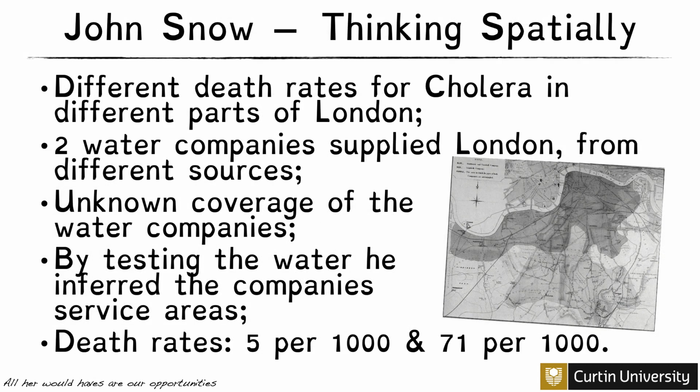Well, what he discovered was there were different death rates for cholera in different parts of London. Now, there were two water companies that supplied London with its water, and it was supplying it from two different sources, one from the River Thames and one from aqua resources outside of London.